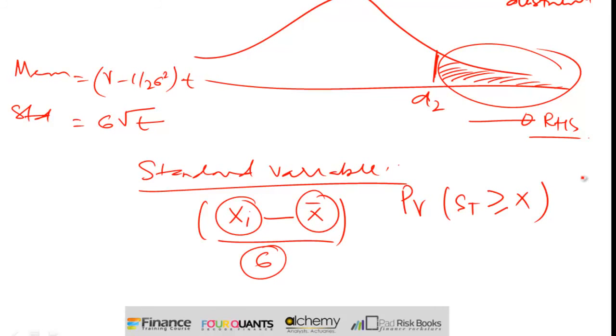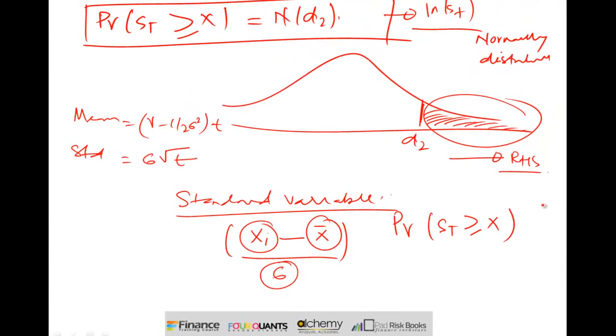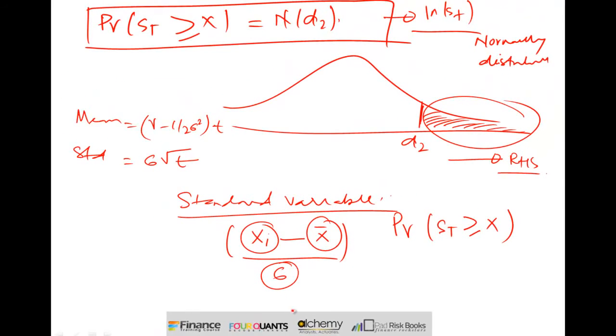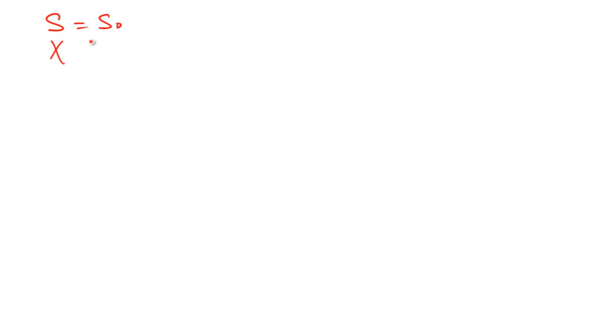Now, when you're looking at the probability that ST is greater than or equal to X, what exactly are you saying? You're saying that at this point in time, right now, when the option is being evaluated, we have a price, given by S, which stands for S naught. We're also saying that there is a strike price, and if the underlying hits that strike price, something interesting would happen.